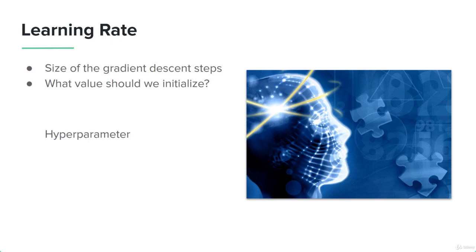Whenever we have a hyperparameter in a machine learning problem, we need to decide by following conventions, by the hit and trial method, or by using a grid search with different values to see which works best for your particular problem. Commonly the learning rate is between 0.1 and 0.01. That is by convention and it has worked many times.